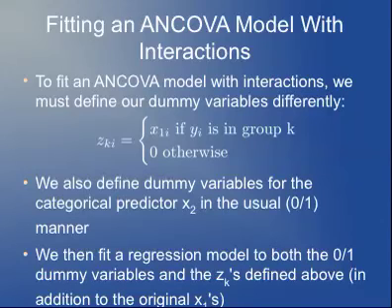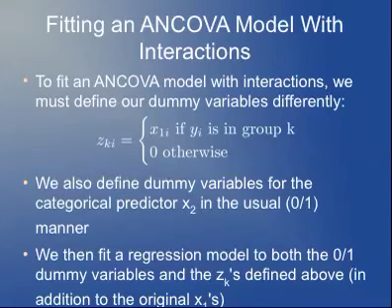So in the tooth growth example, if we treat the orange juice group as the baseline, we define this new variable called z that's equal to the dose if you're in the ascorbic acid group, but if you're in the orange juice group, it's equal to 0. And we'll also define dummy variables for orange juice versus ascorbic acid in the usual 0-1 manner.